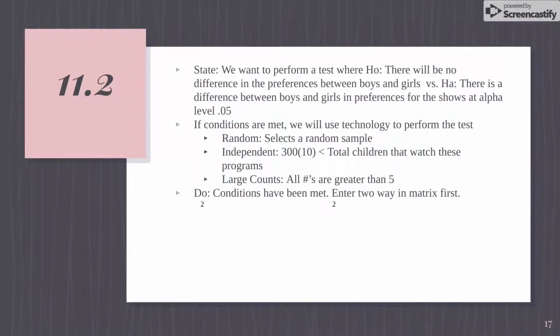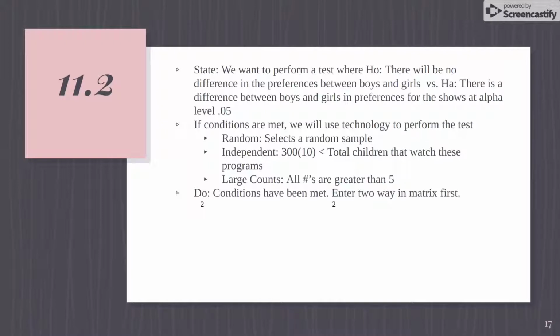Third, we'll do our do. Conditions have been met. Before you perform your test, you want to make sure that you enter your data into a matrix. The way you do that is you will do second matrix, and then you'll go down to edit. You'll edit matrix A, and then you do your rows by columns.